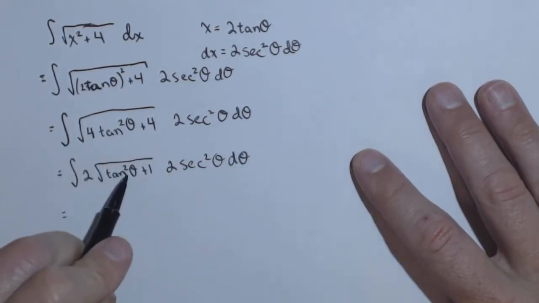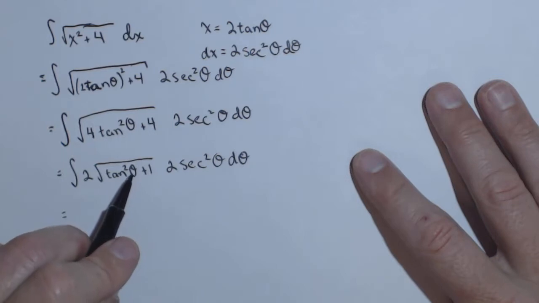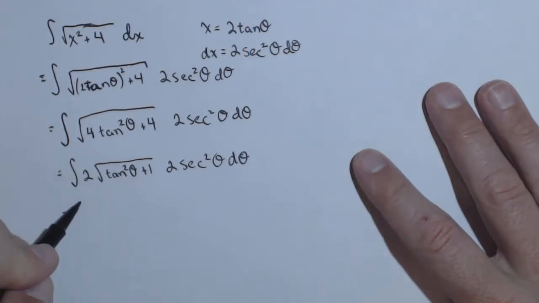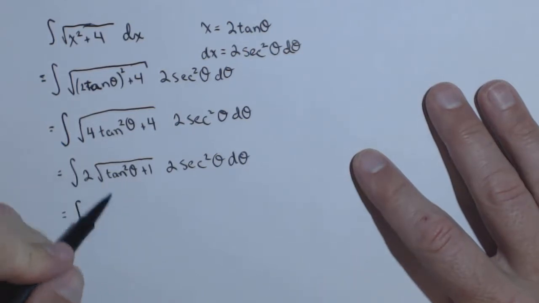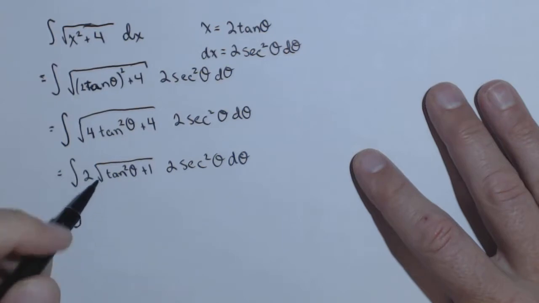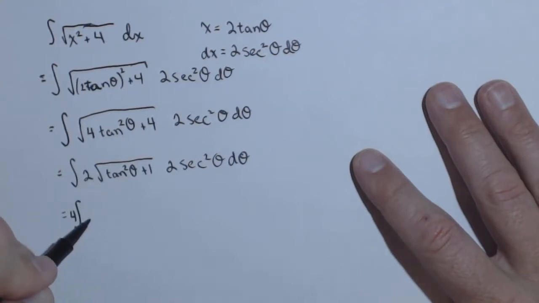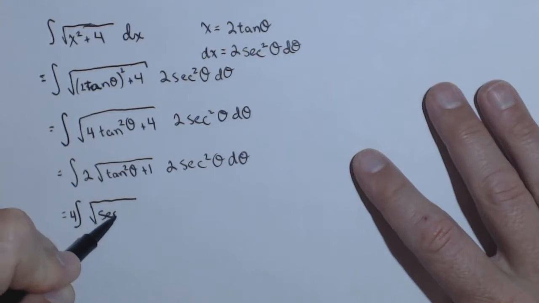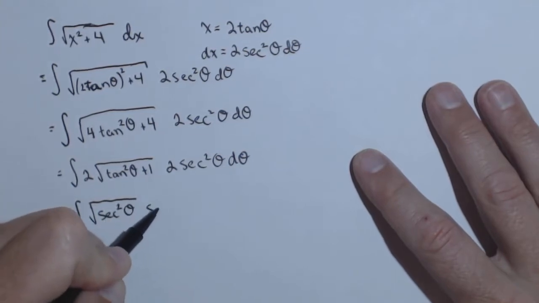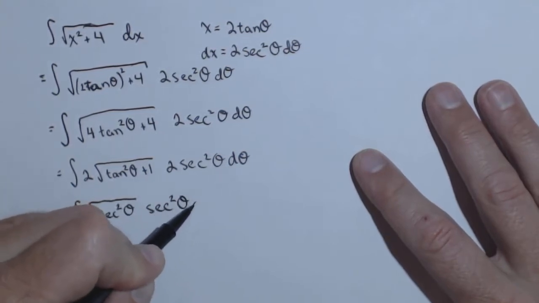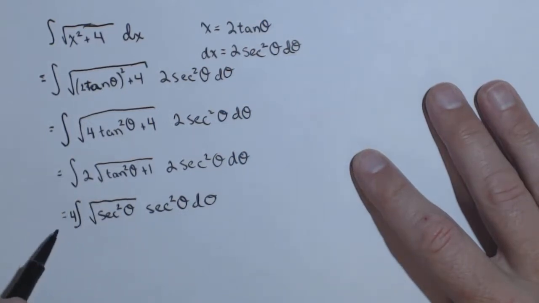Now the advantage of this is tangent squared theta plus 1 is equal to secant squared. That's one of our Pythagorean identities. It's why trig substitution can be so valuable. And the 2 times 2 is a 4. I'm just going to pull that out of my integrand. And so what I have now is the square root of secant squared theta d theta.